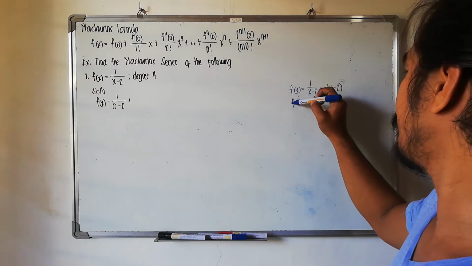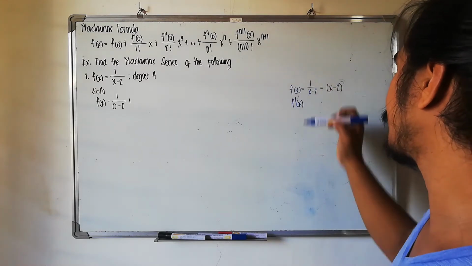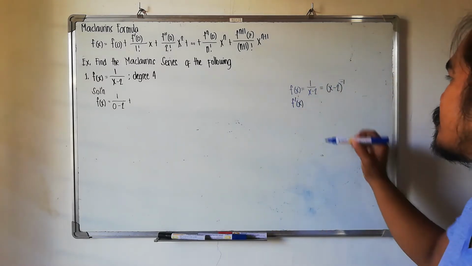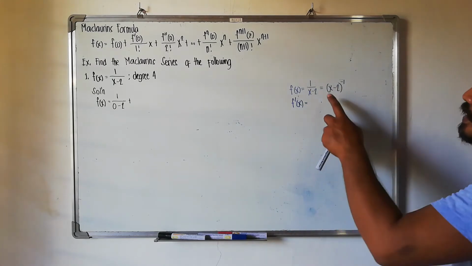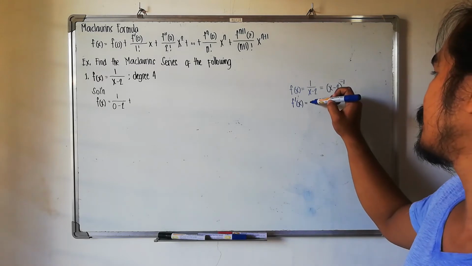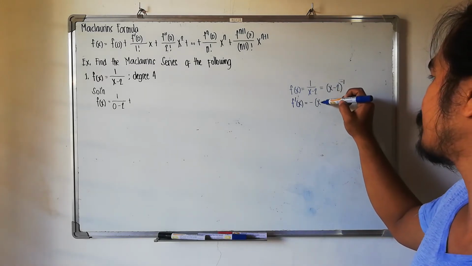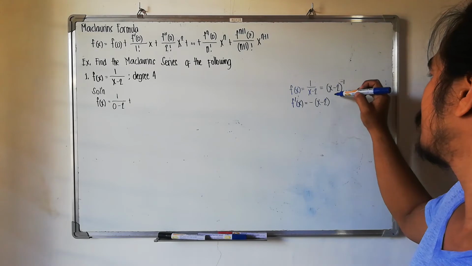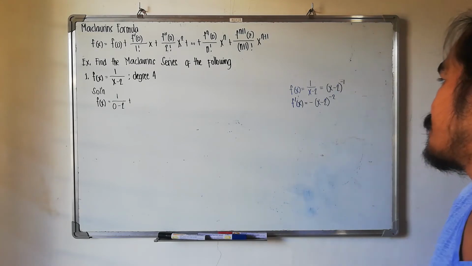So your f prime of x, or the first derivative of your function, is equal to the derivative of x minus 2 quantity raised to negative 1. So that is negative x minus 2 raised to negative 2.